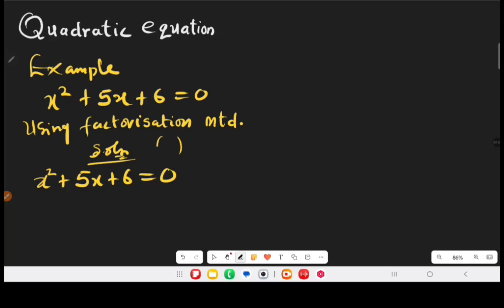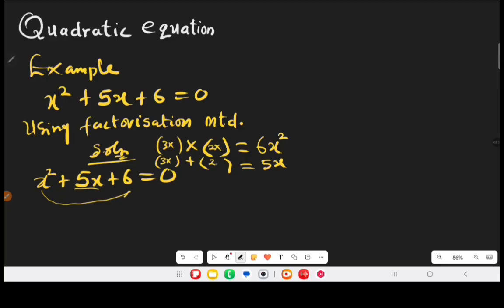We multiply x squared times 6, which gives us 6x squared. Then we look for another two numbers that, when we add them, will give us the coefficient of x, which is 5x. And what are these two numbers? We have 3x times 2x will give us 6x squared, and 3x plus 2x will give us 5x.